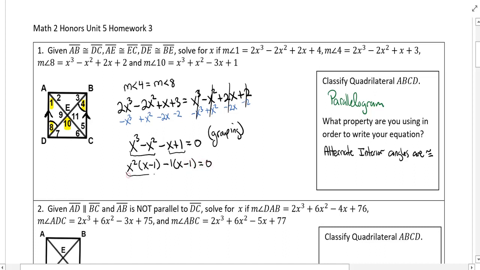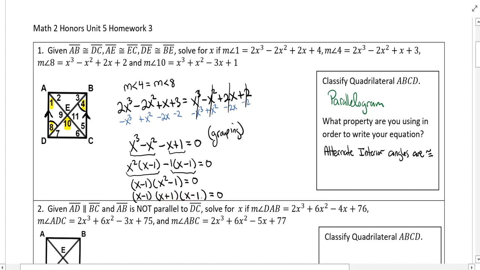Both terms here have a common factor of x minus 1, so I factor out the x minus 1. And what remains is an x squared minus 1. X squared minus 1 is a difference of 2 perfect squares, so it can factor even further to x plus 1 times x minus 1.